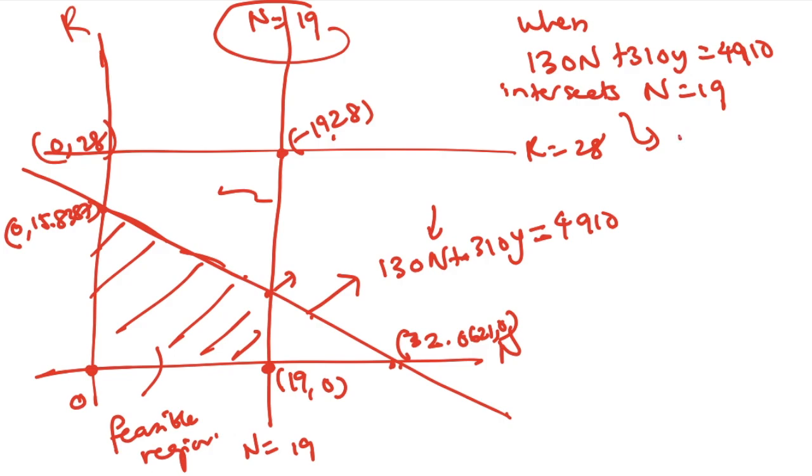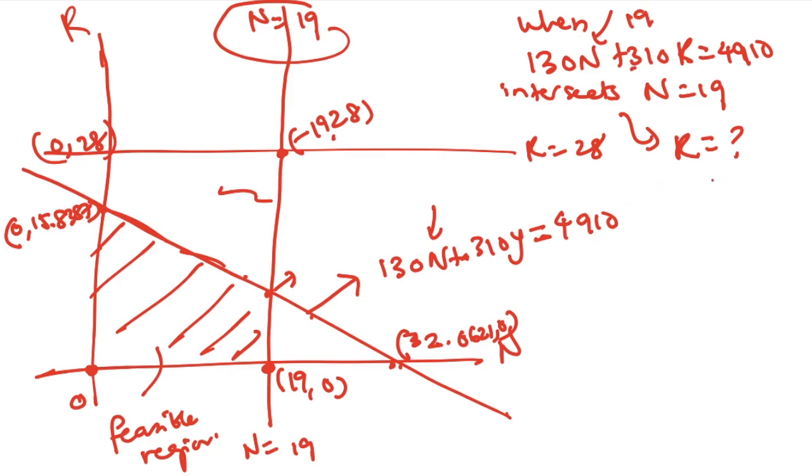So here your y, you need to search it. Your y, it's not your y. Your r is actually what? You need to find your r. How to find your r? Just substitute here n equal to 19, then you rearrange, you can get your r.